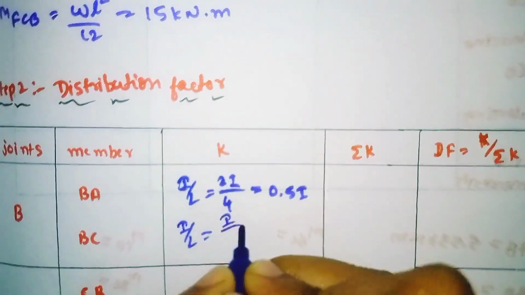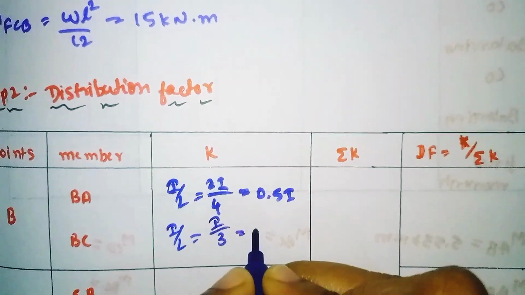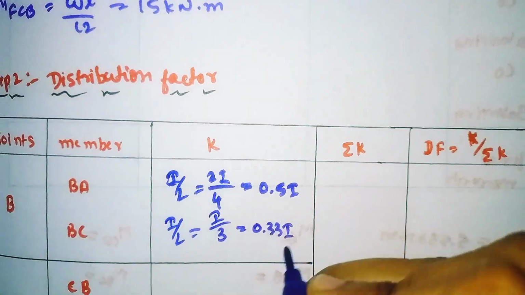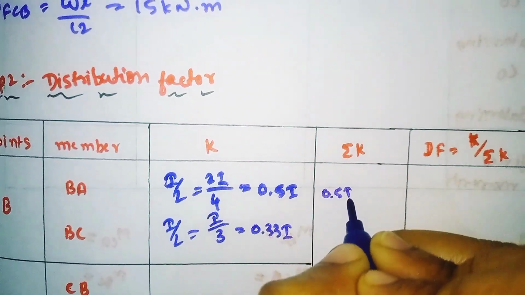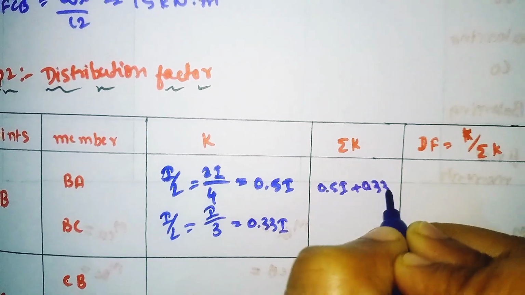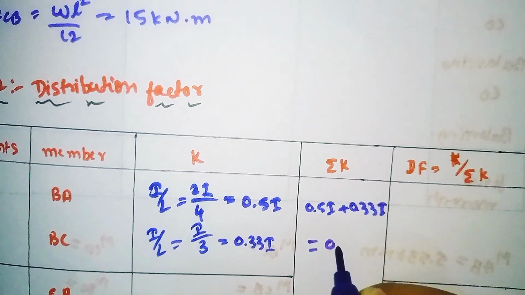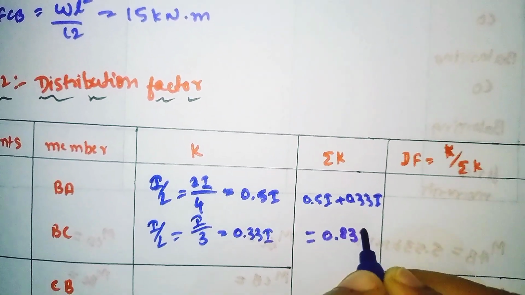So I divided by 3, it will come out as 0.33I. Now the summation of K, we need to add 0.5I plus 0.33I. It will come out as 0.83I.